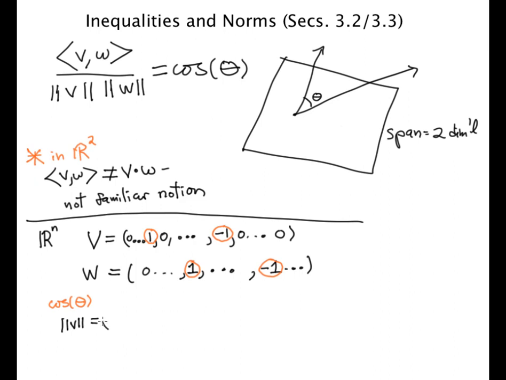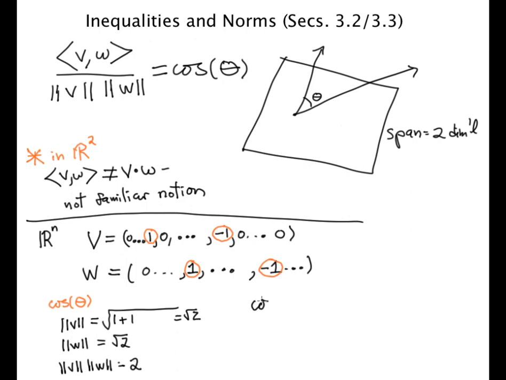By definition, that's the square root of the sums of the squares of the coordinates, which is to say 1 plus 1, which is radical 2. And the length of W is also radical 2. So the product of those two lengths is 2.